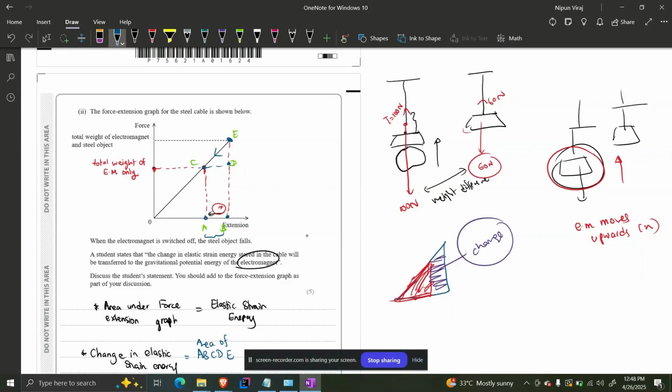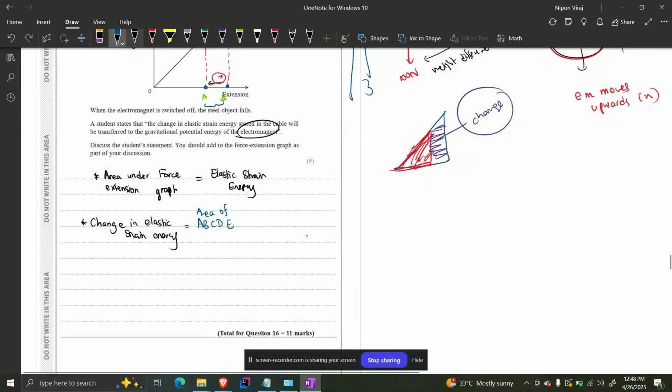Initially it was here, now it is here. So the reduction in extension is equal to how much upwards the electromagnet had moved.